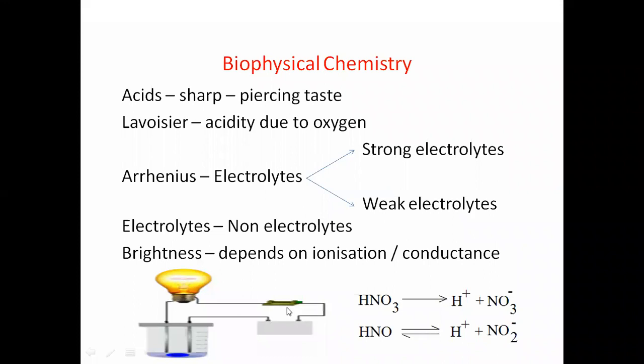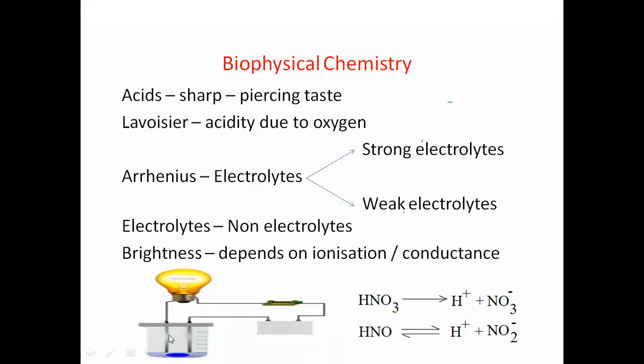This is the switch. When you close the circuit, suppose this is the negative terminal, the electron starts from here, goes across the switch and to the bulb, and the circuit is closed when the solution is conductive.